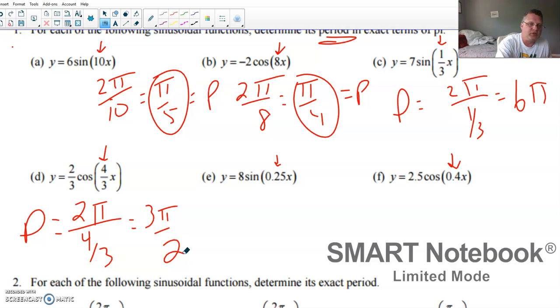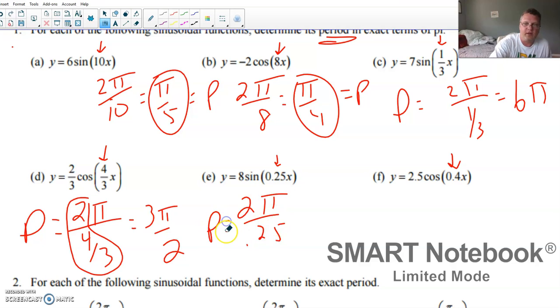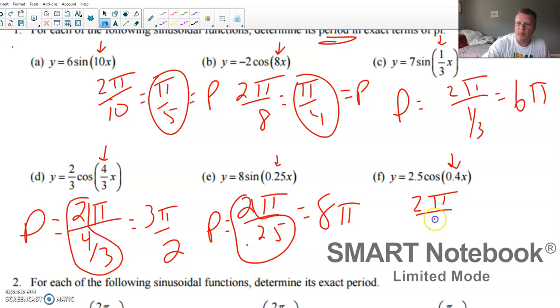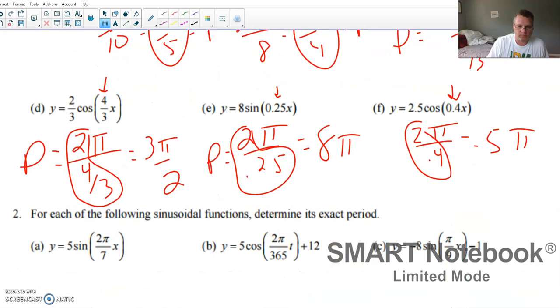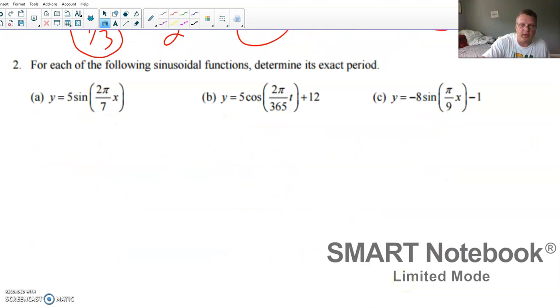Just do 2 divided by 4/3, and let the pi just hang out. 2 pi over 0.25, same thing. Put that in your calculator and you get 8 pi. 2 pi over 0.4, you get 5 pi. There you go. It can also have a pi in it, which is no big deal.